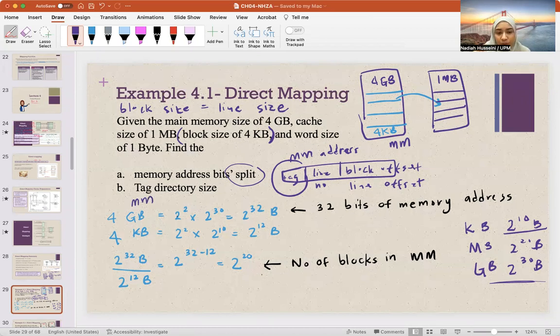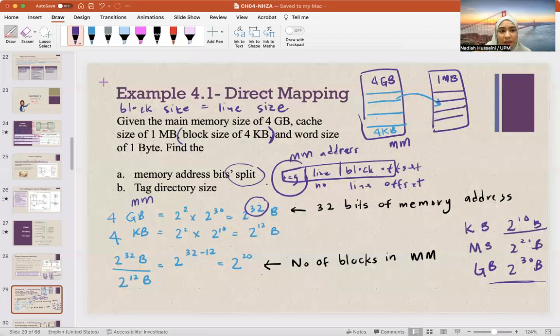Now, I put here 2 to the 32 byte, and I set over here 32 bits of memory address. When I have this size, I need 32 bits to make my memory address for the entire main memory.